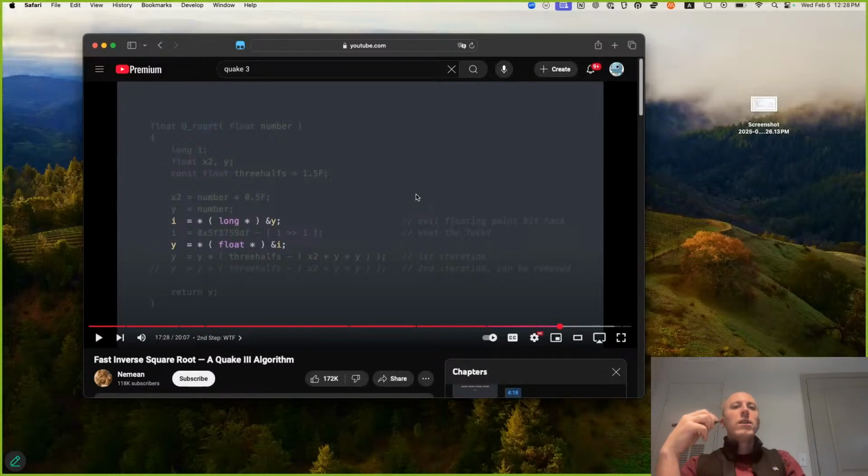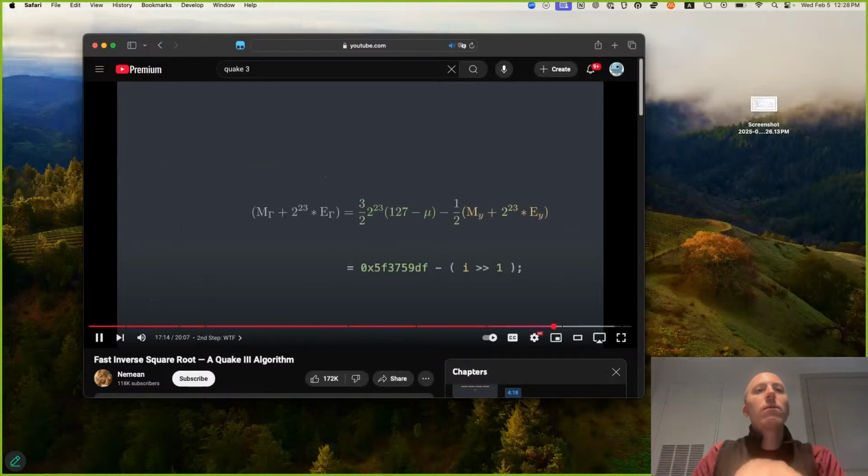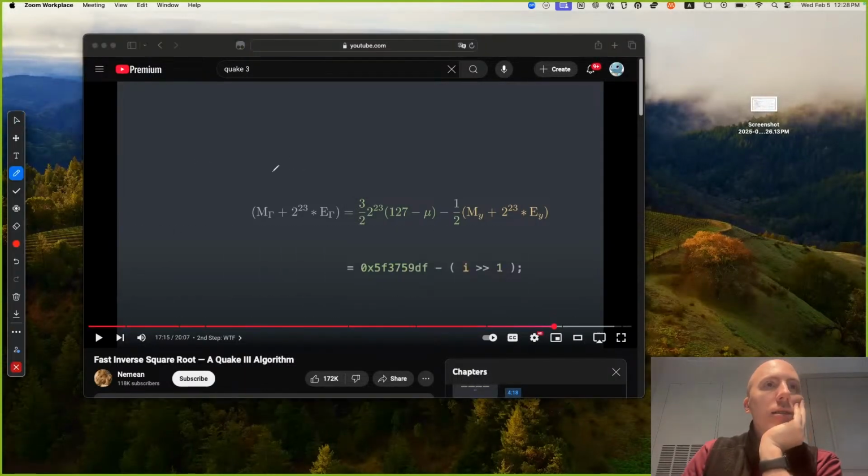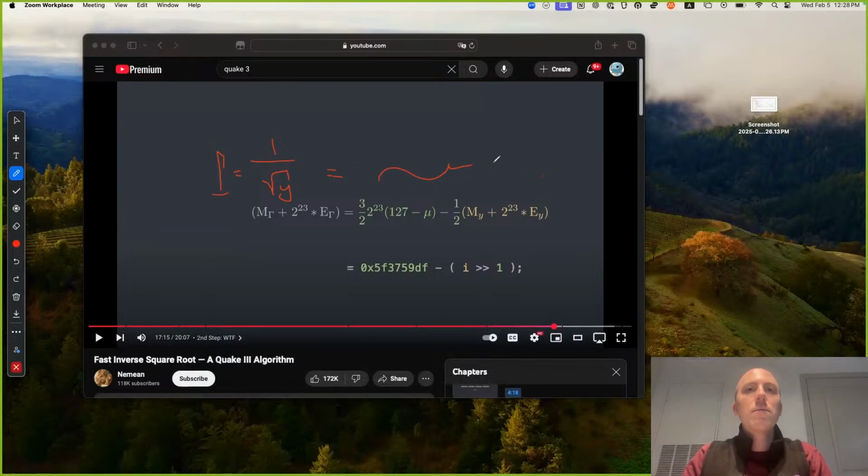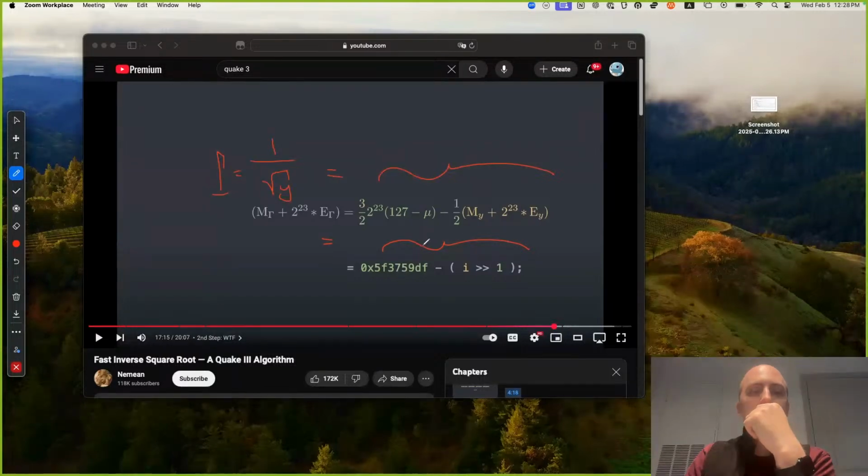So going back to this, gamma is equal to 1 over the square root of y, which is equal to this expression, which is equal to this expression. So this is our answer here.